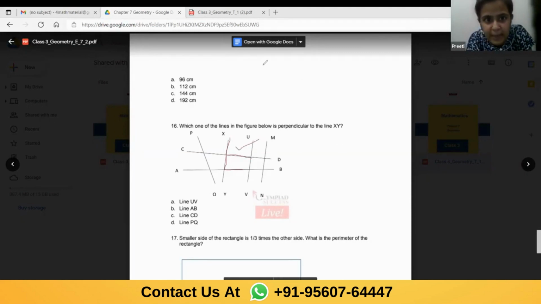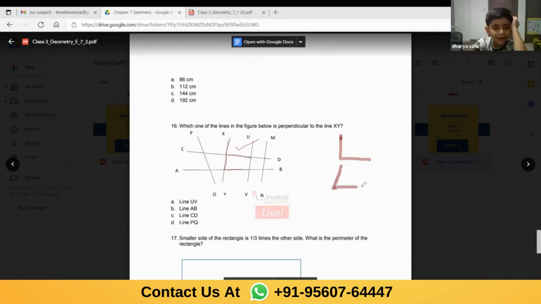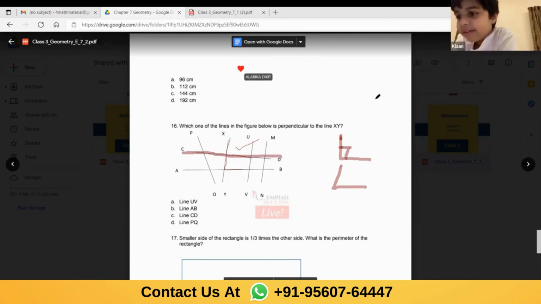I will draw it on a separate side, then you will be able to understand it. The first one is looking like exact L, whereas the second one is CD. Yes, answer is CD. Correct. Because this one is giving you L. I understood. Okay.